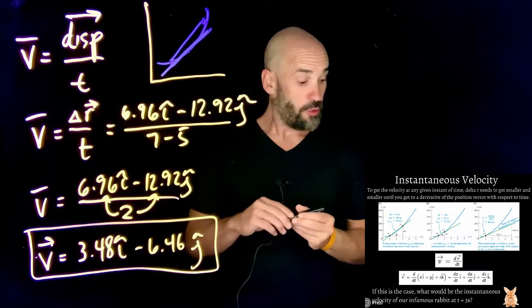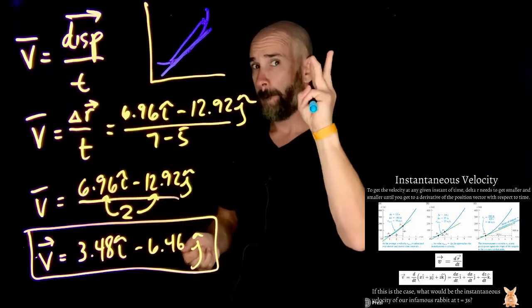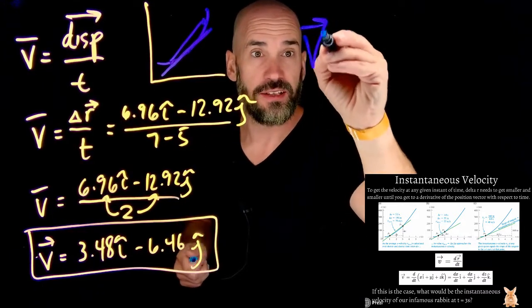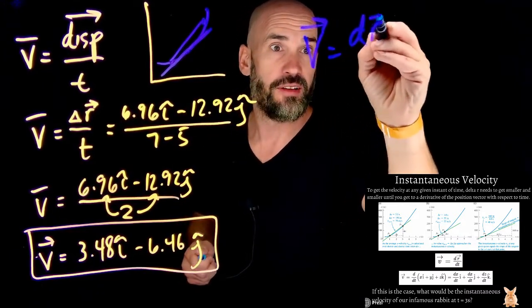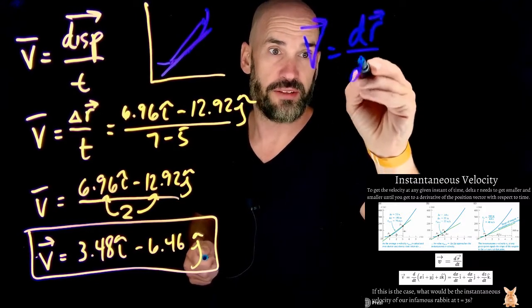But remember, we said that that's just the derivative. So that's going to be v equals dr/dt, the change in displacement with respect to time.